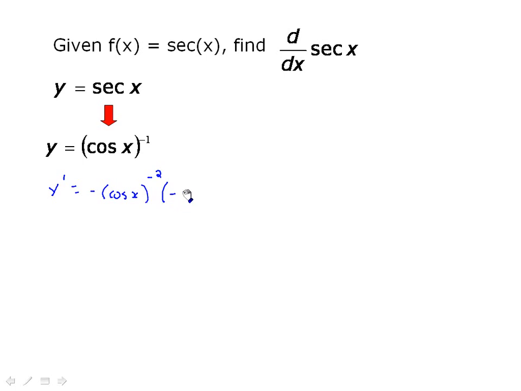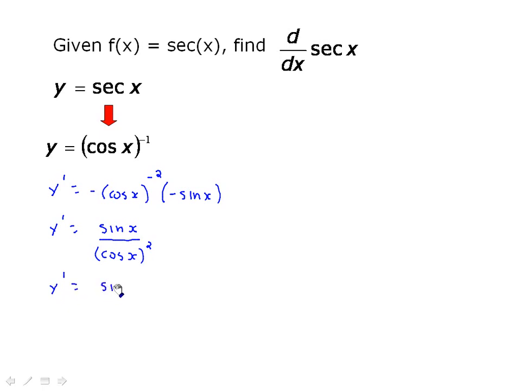Now I'm going to go directly there. That's negative sine x. So therefore, y prime, the two negatives are going to cancel, and we have sine x, which has a positive exponent, over cos x squared. Now, this is of course correct, but it's not compact at all.